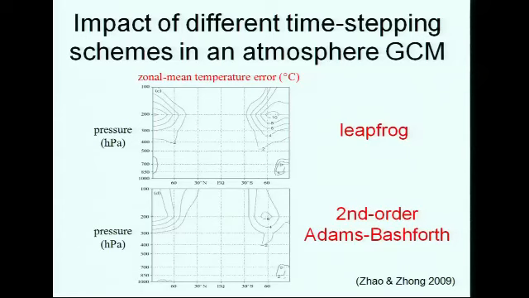And you see these large biases of 10 degrees or more in the temperature of the polar jet. And those biases are a function of the time stepping scheme. If you switch from leapfrog to Adams-Bashforth but keep everything else the same, including the length of the time step, these biases are halved, well, not quite halved, but certainly they're changed.